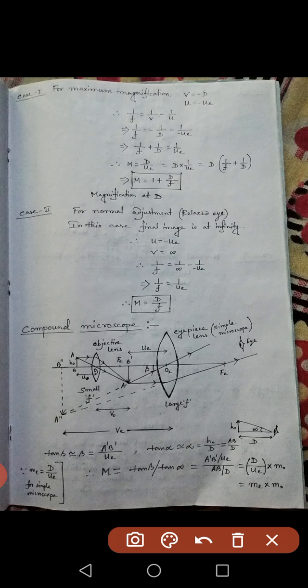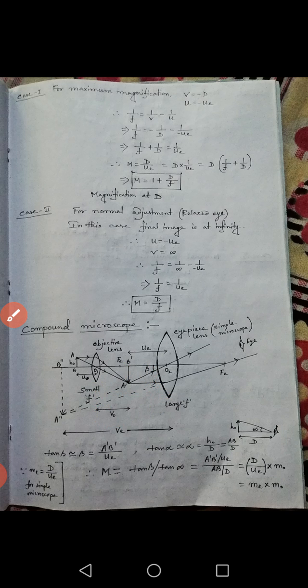As a result, L, the length of the microscope, the separation between both lenses, is nearly equal to V naught, because this image will be very near to the lens, somewhere here. So if this is here, this is V naught, no? V naught and L are very close, nearly equal to each other. So that is why this condition is applied.